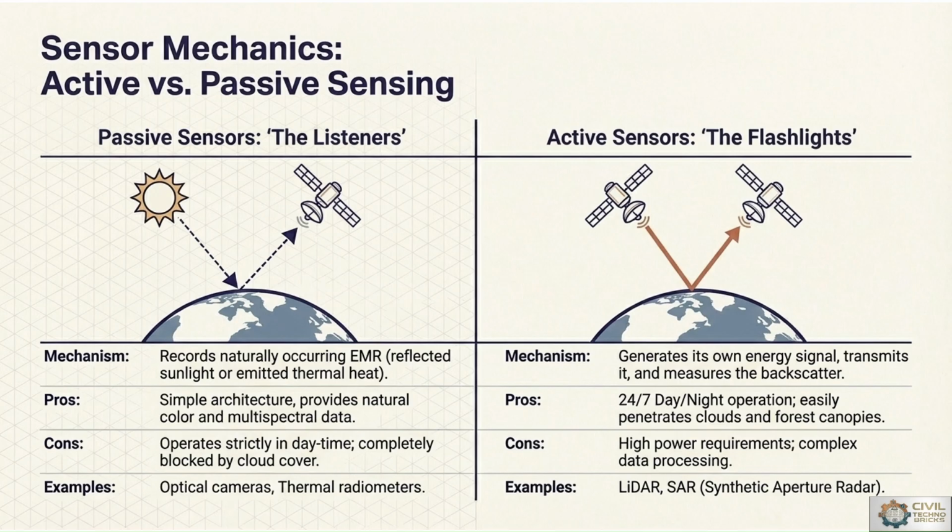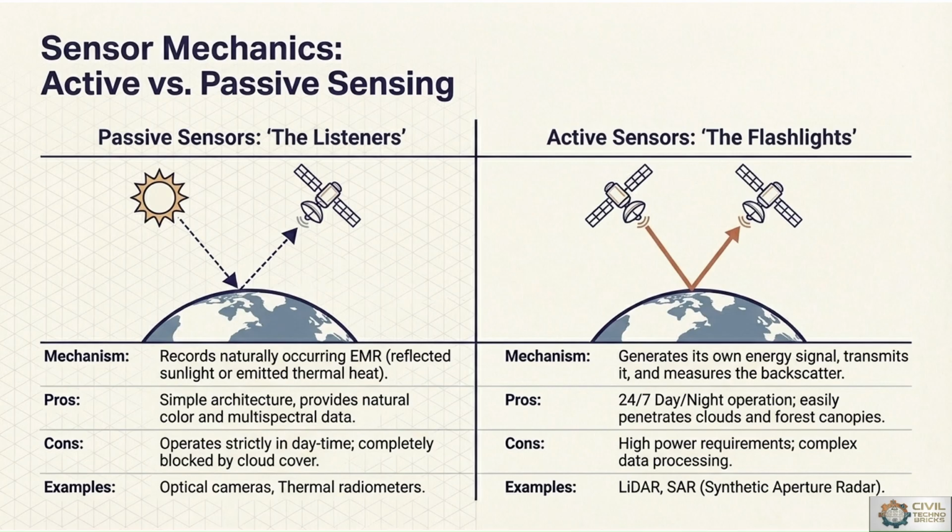Examples are optical cameras and thermal radiometers, where the sun is the main source of energy. But the mechanism for active sensors is that they generate their own energy signal, transmit it, and measure the backscatter.